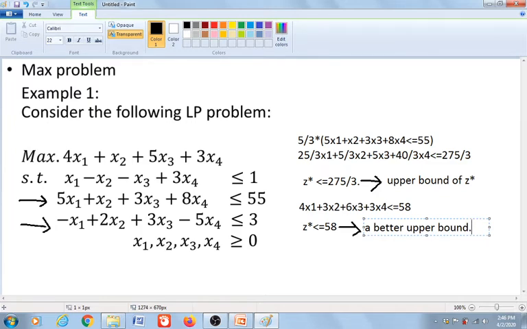So what we are doing here is getting a linear combination of the constraints, and we compare it with z star.